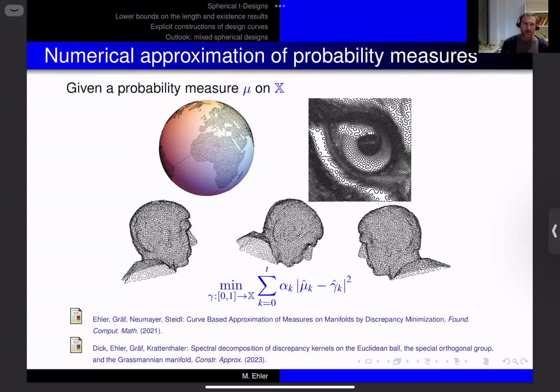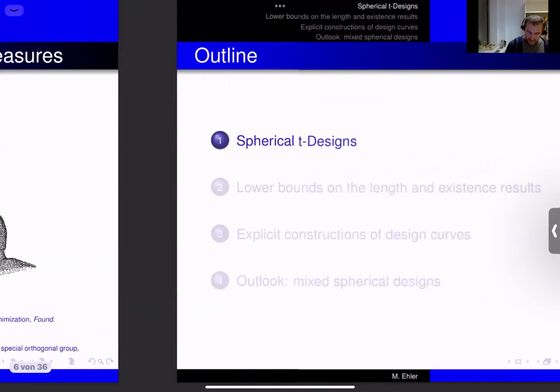So in the present talk, instead, I would not go into the direction of the numerical approximation, but I would like to focus on theoretical results. I'd like to have a theorem on how well I can approximate a certain probability measure by a curve in terms of a theory.